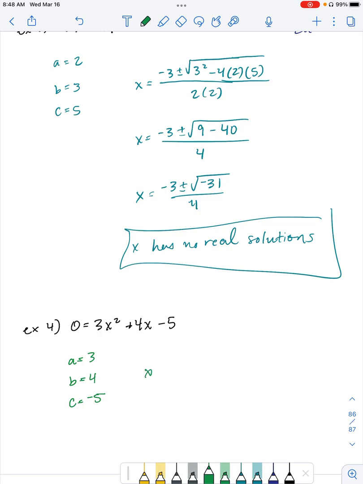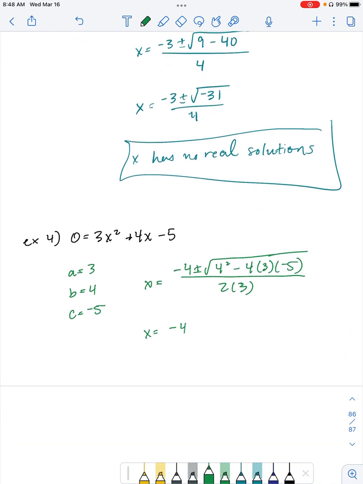Using the quadratic formula, we take x equals negative b, or negative 4, plus or minus the square root of b squared, so 4 squared, minus 4 times a, which is 3, times c, which is negative 5. All divided by 2 times a, or 3.